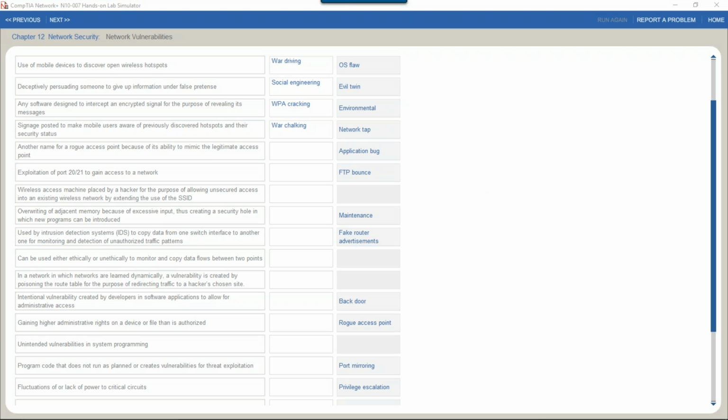Zach is saying it's an access point in the network that you didn't know about, which is part of it, but more specifically, it's an access point that's impersonating another one.